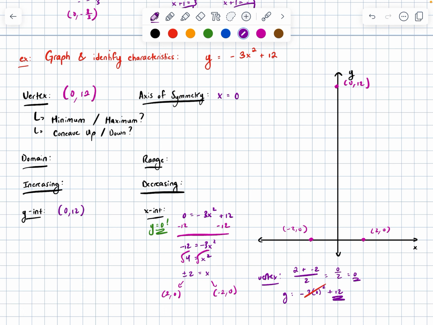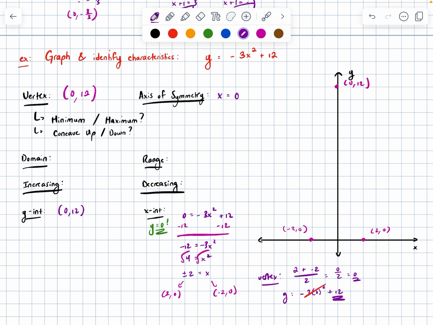Let's find one more point. Maybe I could use the y-intercept, but in this case, you'll notice, right, 0, 12 is already my y-intercept. So let me find one more value and use my symmetry. Choosing a nice number I have not used close to the value of 0, let's try x equals 1. So if x equals 1, then the y value should be equal to negative 3 times 1 squared plus 12. Let me actually draw a little line here to delineate.